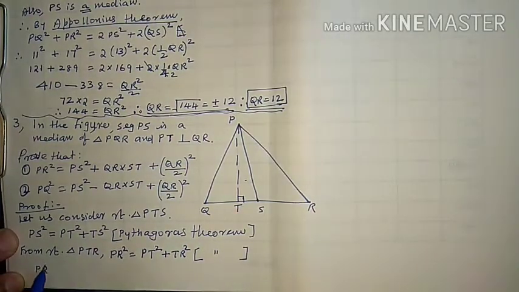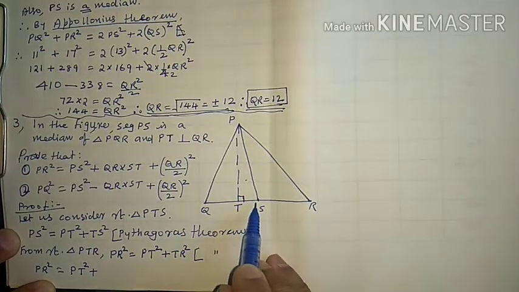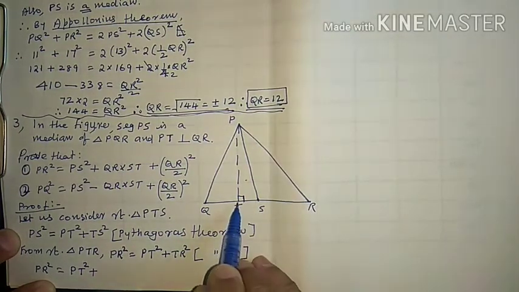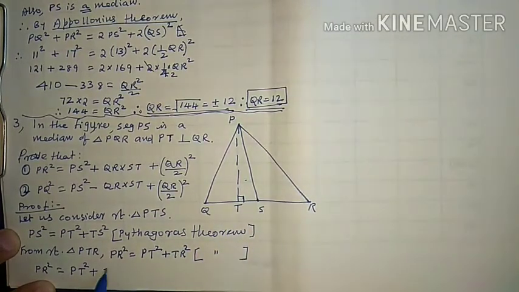Therefore, PR square is equal to PT square as it is. This TR we write now as TS plus SR, but the whole square is there.